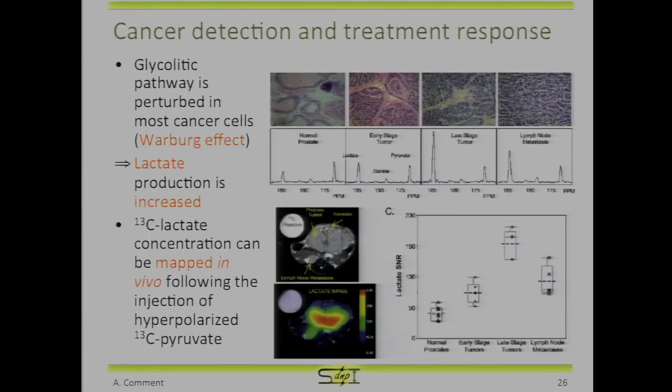Well, there are many other applications, but one of the most important so far in the field is for cancer detection and treatment response. Because as you may have heard from the previous speakers, in most cancer cells, there is the so-called Warburg effect, which means that the cancer cells tend to eat a lot more sugar than others, and they tend to produce a lot of lactate.